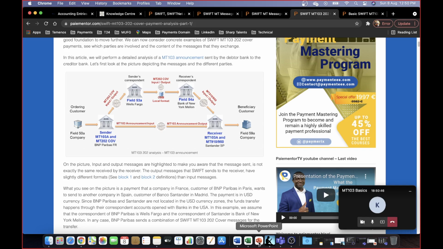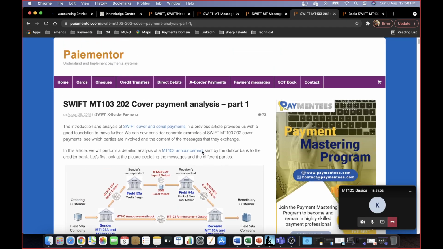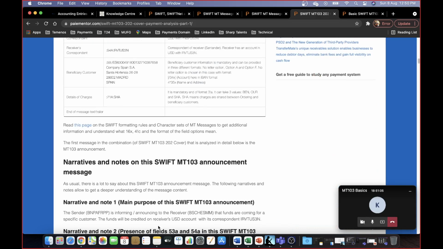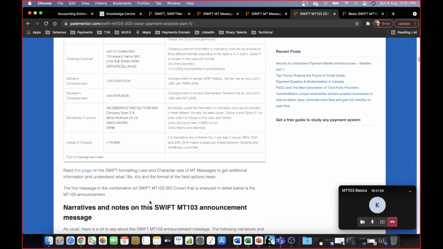In the serial method, HDFC India sends the MT103 to SCB US, and SCB US sends the 103 to JP Morgan. How will this 103 message differ? What fields and tags will differ? Will HDFC India have the same MT103 details as SCB New York, or will it differ?